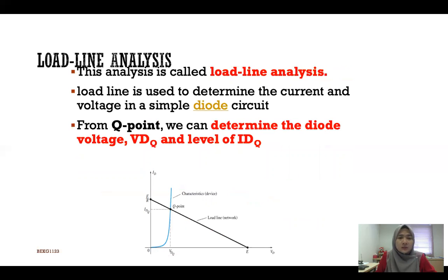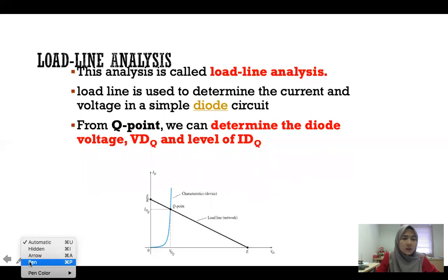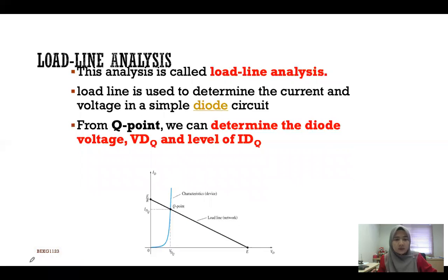The load line is used to determine the current and also the voltage in a diode circuit. From the Q point, we can determine the diode voltage VDQ and also the level of current IDQ.